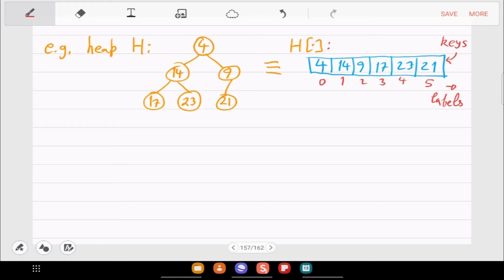And the keys, because of the labels, can also be organized and seen as a heap. So you can go back and forth. And you can see that the heap axiom is satisfied at every node. And n here is 6.